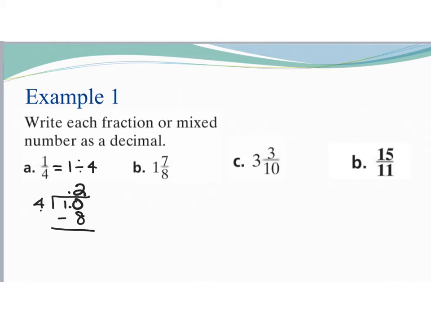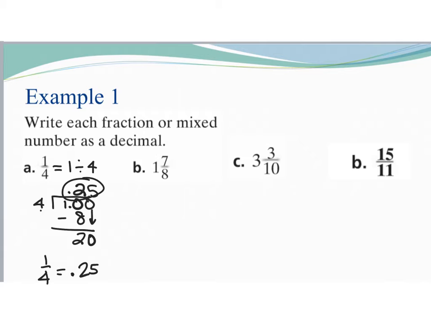So I subtract these and I get 2. And 4 can't go into 2, so I'm going to bring a 0 down, and 4 will go into 20 5 times. So 1/4 is really equal to my answer up here of 0.25.